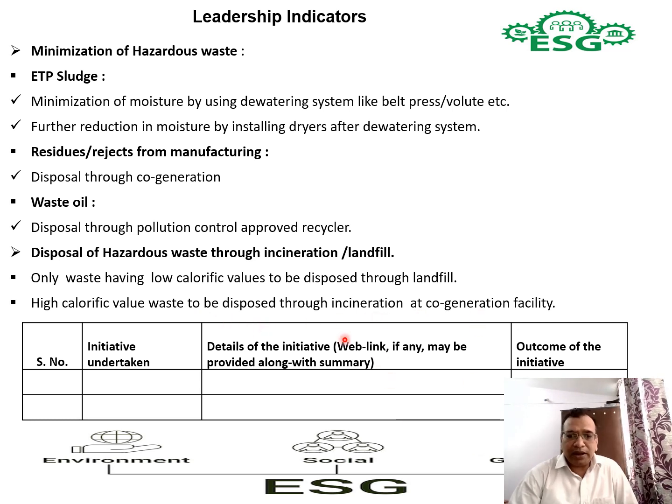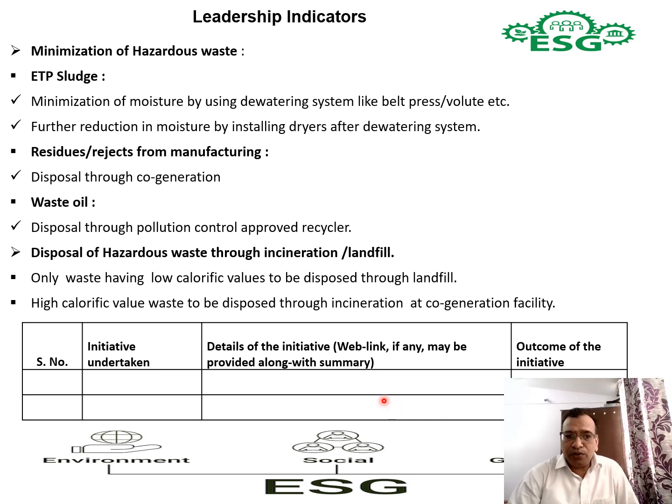And ultimately, as per the BRSR report, they have given a format, and in this format you have to declare whatever initiatives you have taken to reduce the volume of waste generation as compared to the previous year, and the benefits to the environment you have to mention. Details of the initiative, if any, may be provided along with a summary, and the final outcome of the initiative has to be given in quantified form.